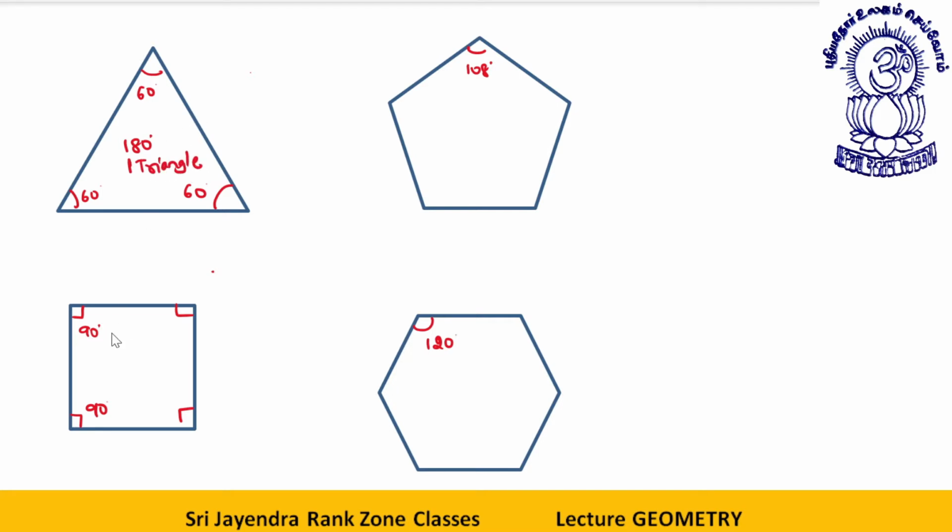Let's talk about a square. What is the angle sum? See, if I draw a diagonal like this, how many triangles do I get? This is one triangle, this is the second triangle. So we have two triangles, so it becomes 2 into 180 degree, or 360 degree.